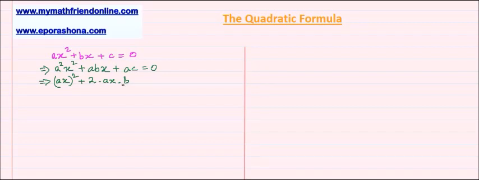We divide this b, or this entire term, by 2 so that these two 2's get cancelled. If we write b by 2, then this 2 in the denominator and this 2 in the numerator will get cancelled. And we will be having abx, which is the term that we are having over here.